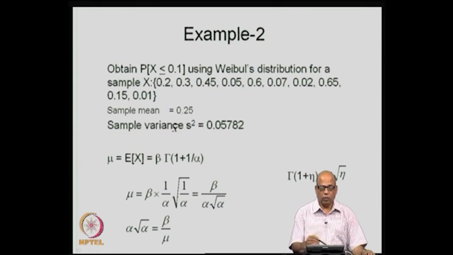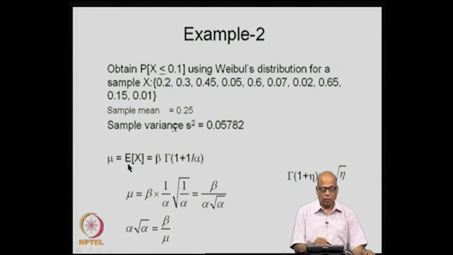Essentially, the mean and the variance as estimated from the sample are equated to the mean and the variance as obtained from the theoretical distribution. Thus, we generate two equations and solve for the two unknowns, alpha and beta.